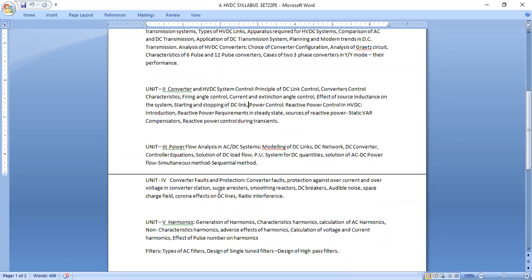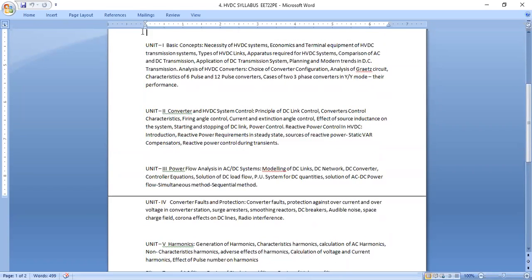Even though I have completed units 4 and 5, I won't give questions from them. Only from the first two units in mid exam 1. And from where will I give these questions? In your Kamakshaya textbook, at the back, multiple choice questions are there.